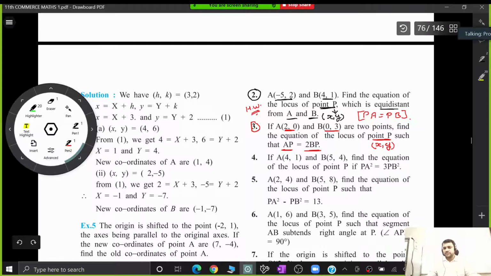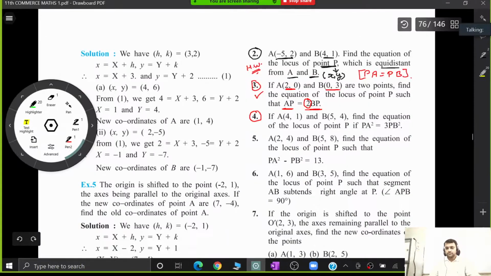We can just leave that 2 as it is whenever we are using the distance formula. And after applying the distance formula, whenever you are squaring that, you should not forget to square the element 2 as well. So it becomes 4 times of the elements inside the bracket of the BP distance formula.